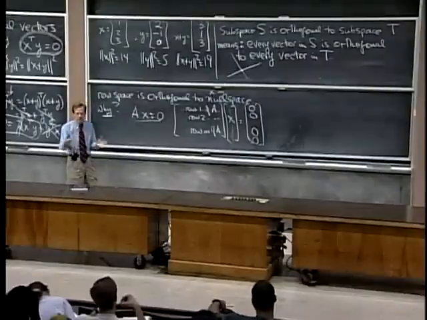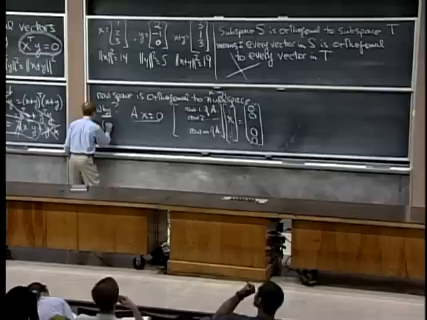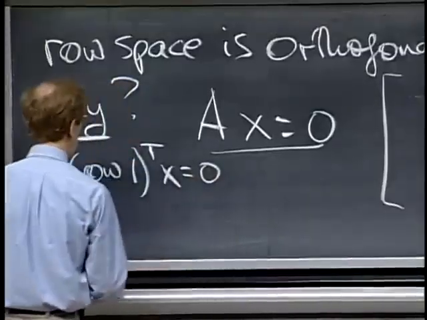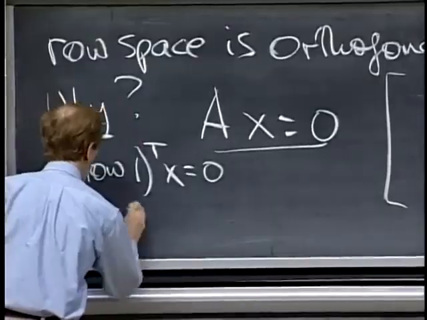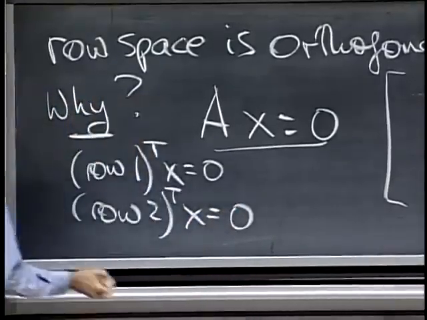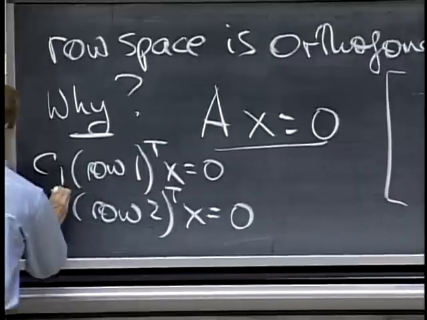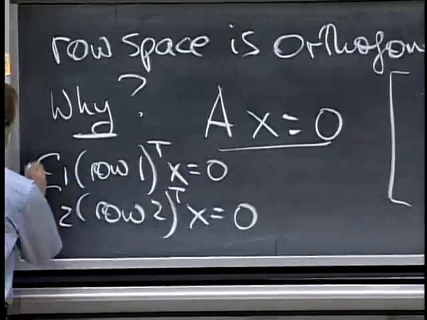And that's just matrix multiplication again. I have row 1 transpose x is 0. Row 2 transpose x is 0, and so on. So I'm entitled to multiply that by some c1, this by some c2, and I still have zeros. I'm entitled to add.